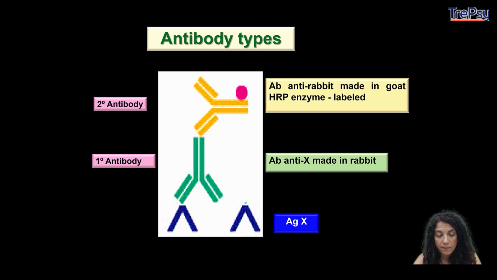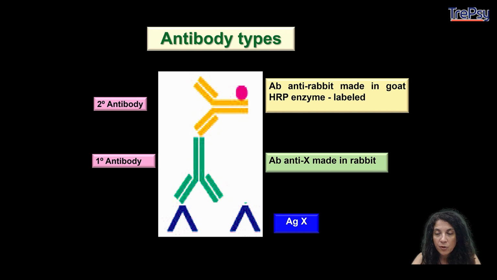So I will explain that the first antibody recognizes my antigen that is in the tissue, for example, the protein that I want to see. So I put in my solution the primary antibody, anti-X, for example, made in rabbits.